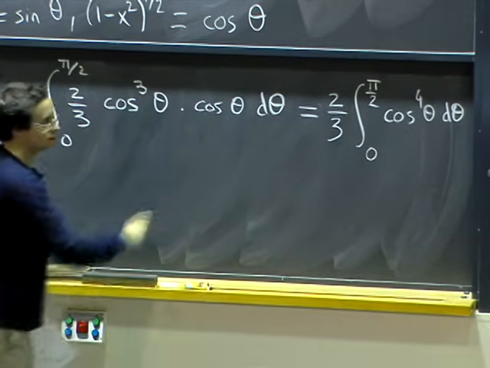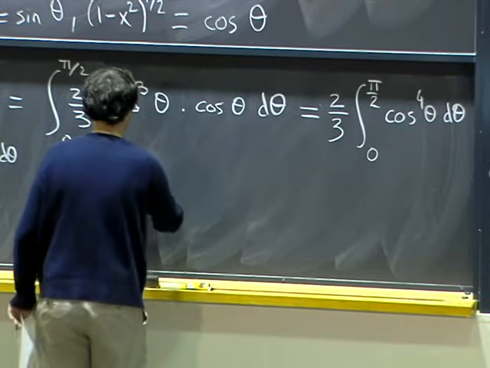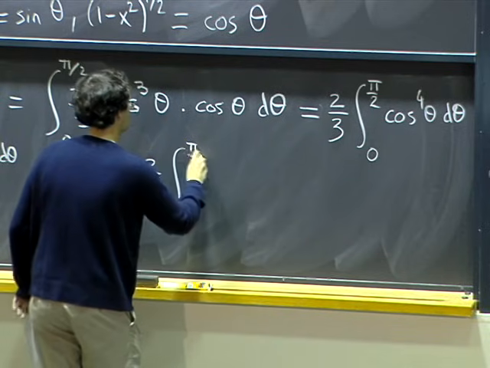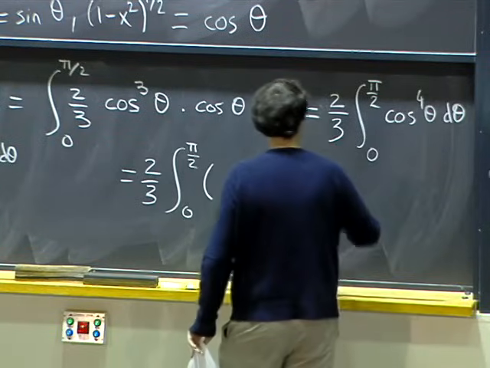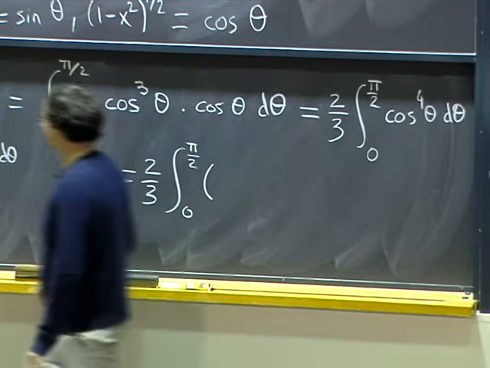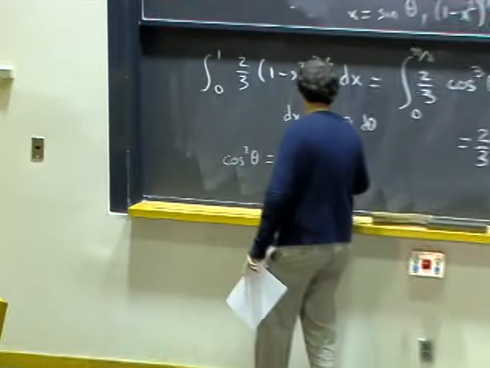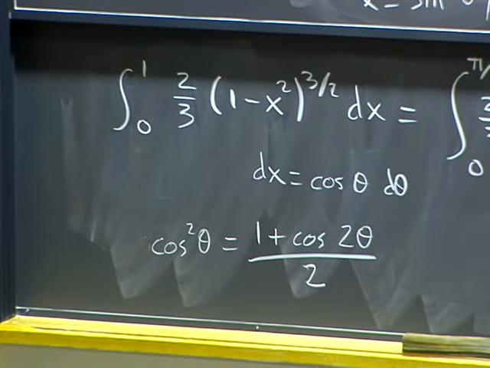And how do you integrate that? Well, you have to use double angle formulas. Okay, so cosine to the 4, remember cosine squared theta is 1 plus cosine 2 theta over 2. And we want the square of that.